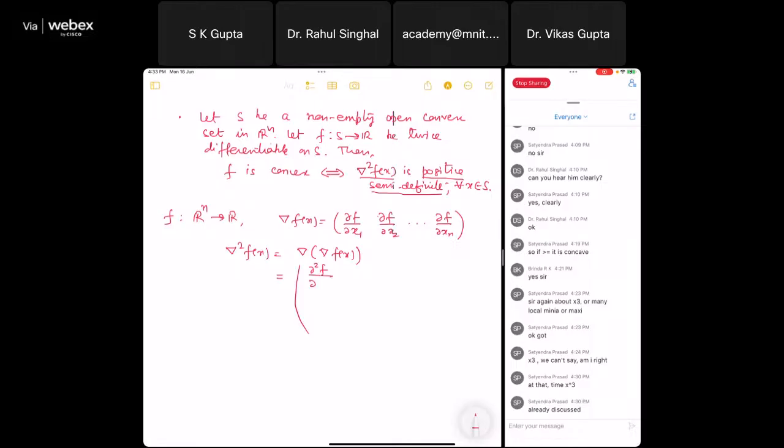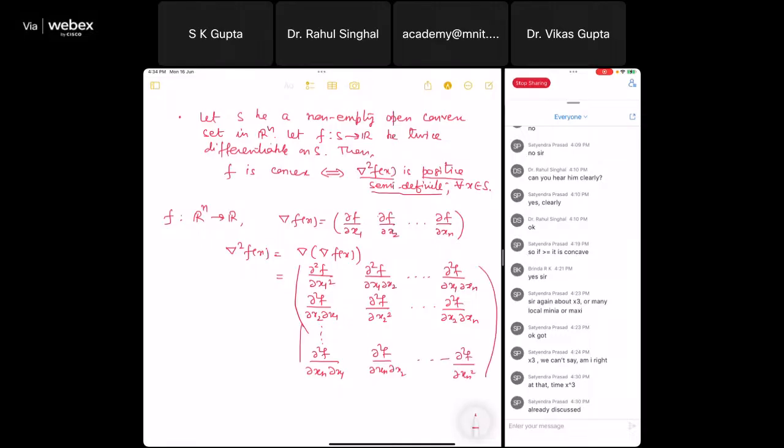That means del square f by del x1 square, del square f by del x1 del x2, up to del square f by del x1 del xn; then del square f by del x2 del x1, del square f by del x2 square, up to del square f by del x2 del xn; and similarly del square f by del xn del x1, del square f by del xn del x2, up to del square f by del xn square.